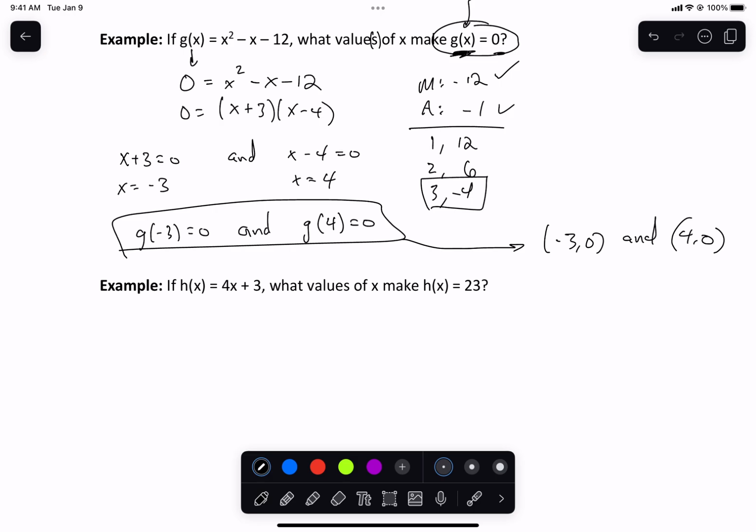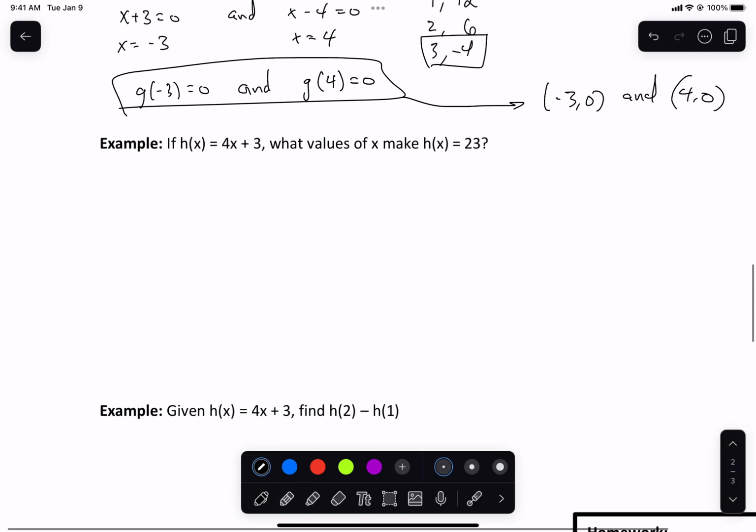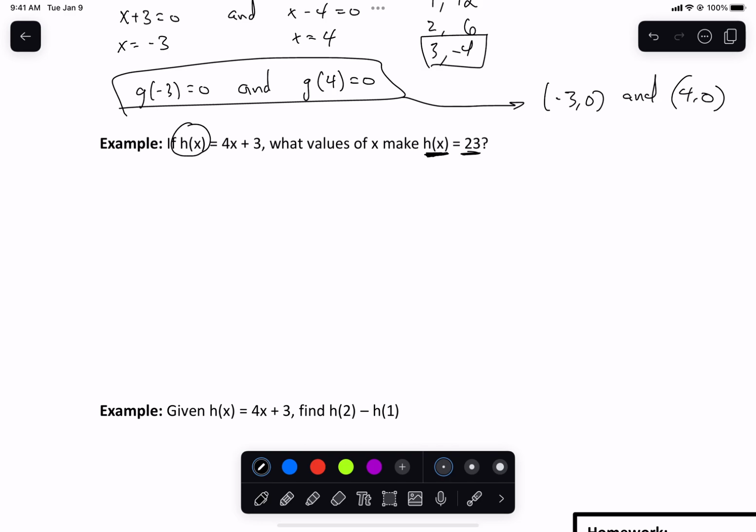Okay. A couple more and then you guys can do some work, okay? The last one's a little different. Again, I think this one's maybe a little easier than the other one. Same thing. It's telling you the value of the function is 23. So that's what's going to go in place of h of x over here. So h of x is equal to 23.